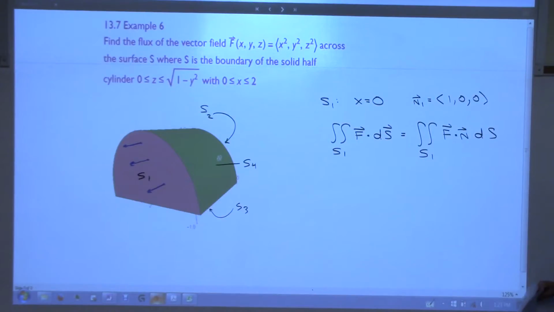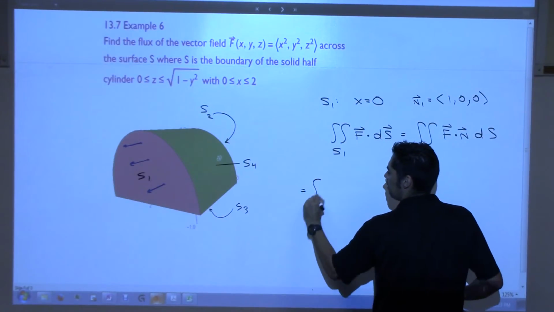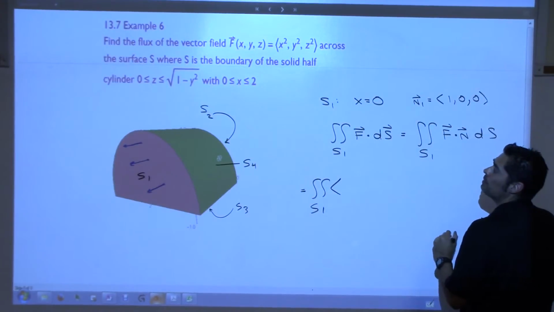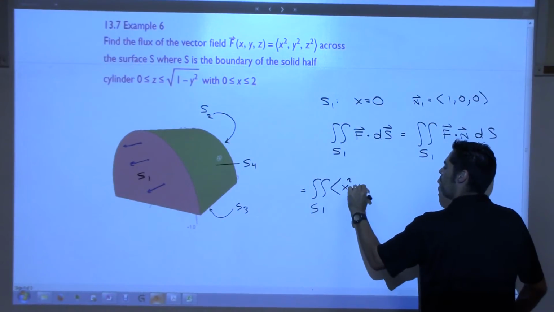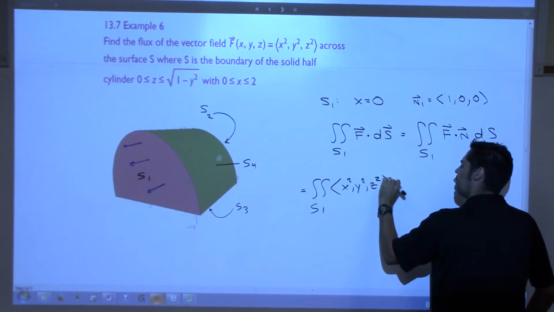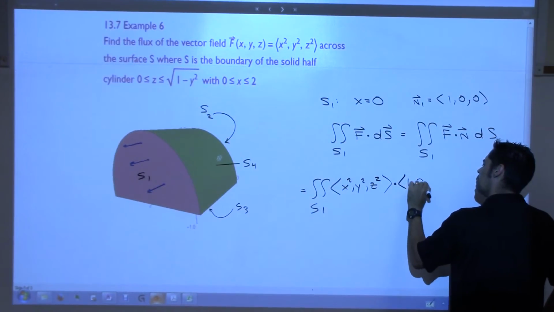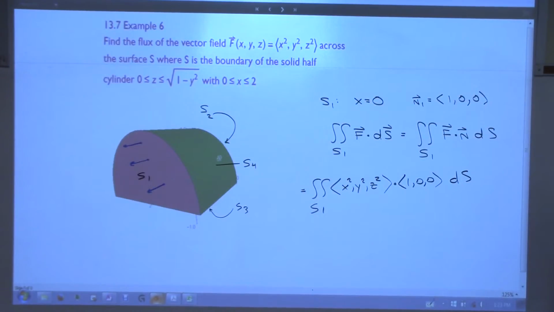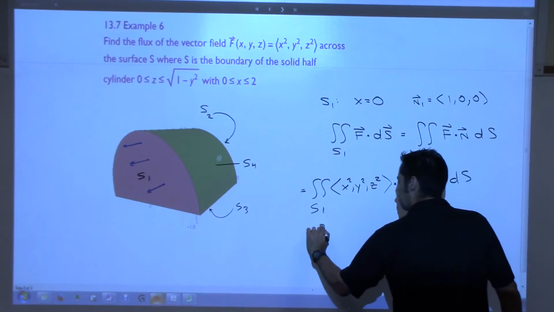This one I'll write out. This is the double integral over S1 of, what's my vector field here? X squared, y squared, z squared. Dot that with 1, 0, 0 ds. And what does that become when you dot it? X squared.